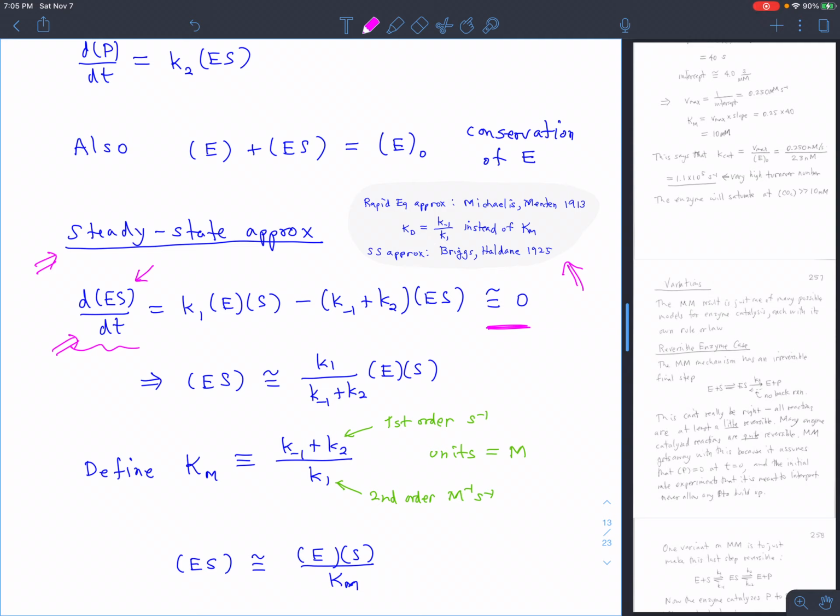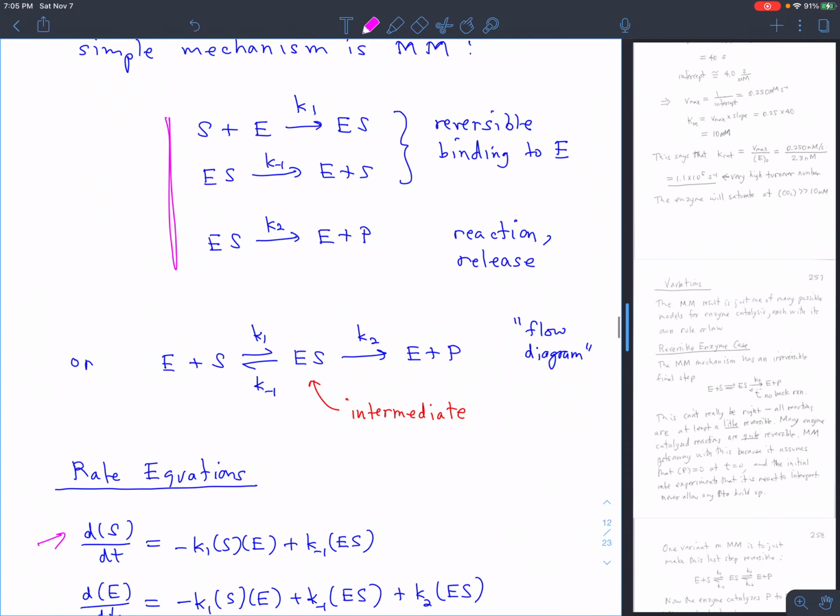The original Michaelis-Menten theory was derived, of course, by Michaelis and Menten in 1913 using something called the rapid equilibrium approximation. We haven't talked about that, but it basically means that they assumed that this step went forward and backward fast enough so that these species were approximately in equilibrium with each other, and that's true if this next step, the K2 step, the actual formation of product, is slow compared to the binding and unbinding.